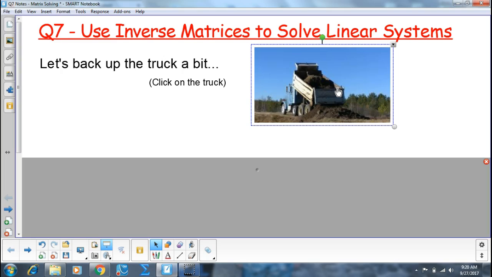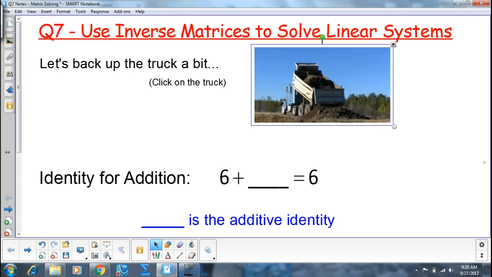Okay? So let's talk a little mathematical logic. By mathematical logic, I mean 6 plus something equals 6. What is that something? It's 0.